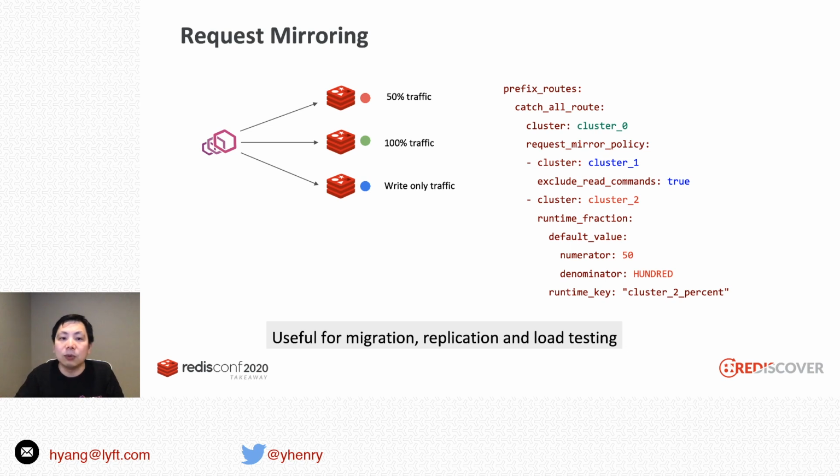So there is no need for one-to-one master replica correspondence. You can have one cluster with 5 nodes, another cluster with 10 nodes. Also, because there is no master and replica, there are no replication buffer issues that could sometimes cause problems.